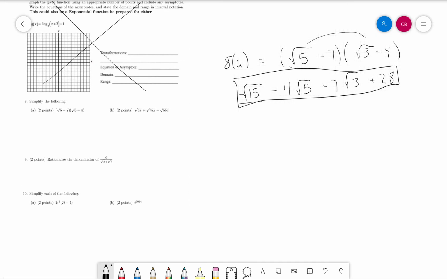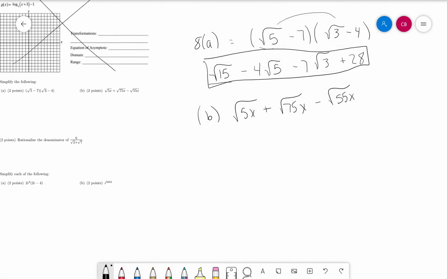The next one, part B. Square root 5x plus square root 75x minus square root 55x. Okay, so let's do this real quick. This is square root 5x. It does not simplify. Plus, square root 75 is 25 times 3, which is 5 square root 3 times x.